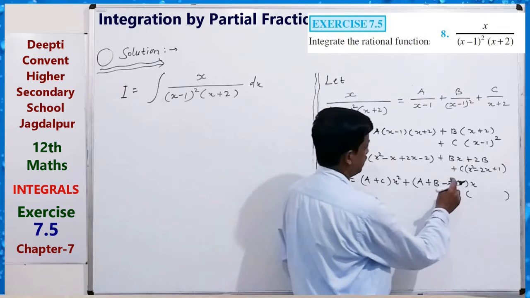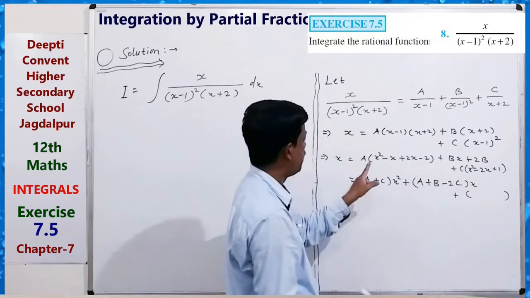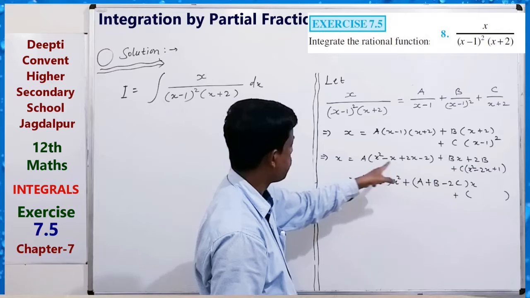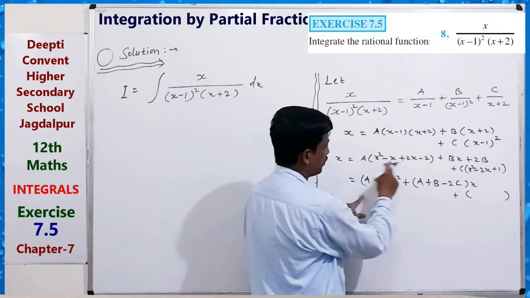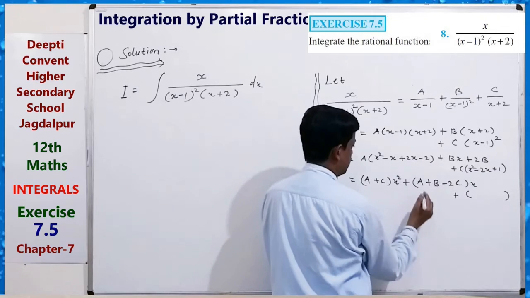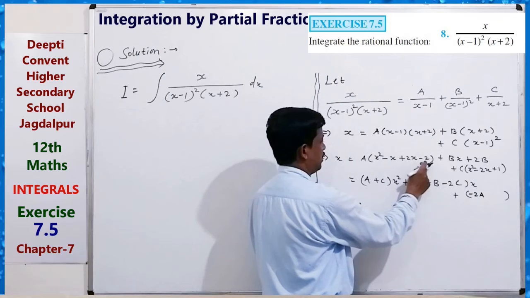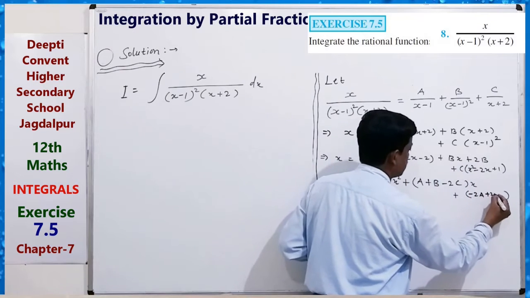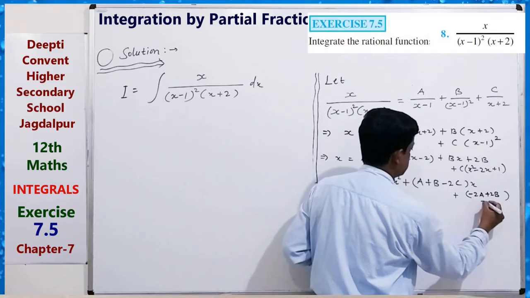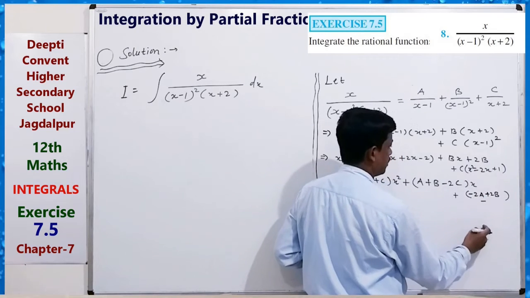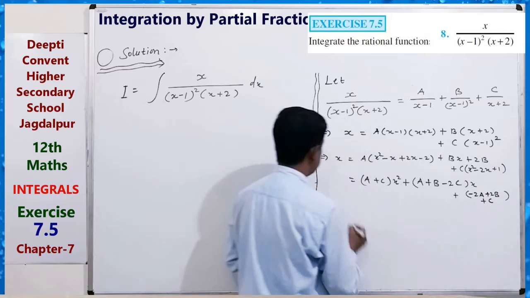Now the constant term: minus 2a plus 2b plus c.